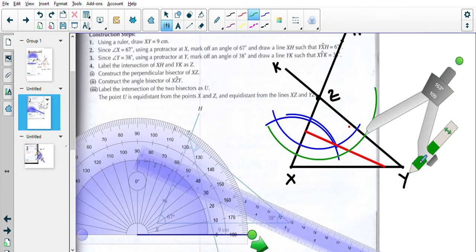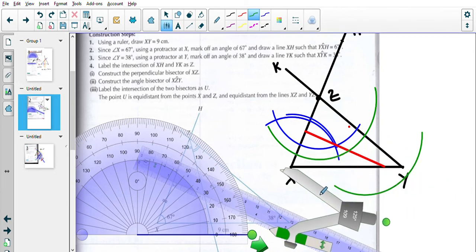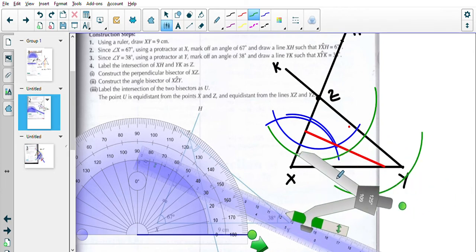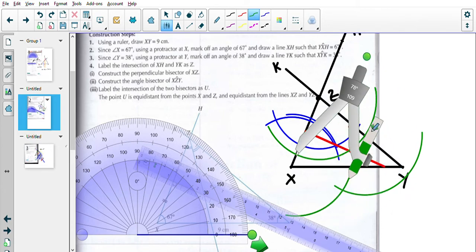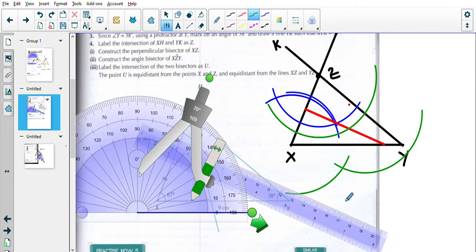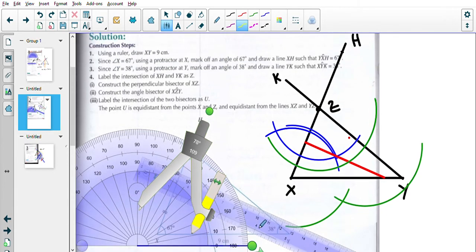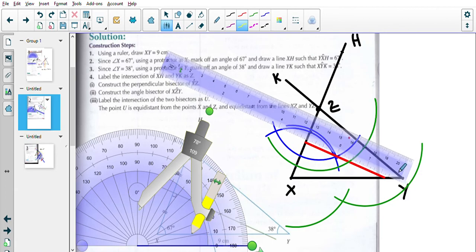Then I draw the arc again like this, and of course I do the same thing on XZ. The intersection on XZ is here, and then I draw the arc again like this, and we get the intersection between these arcs here. So we can draw the line by using the yellow one, and of course you use your ruler.